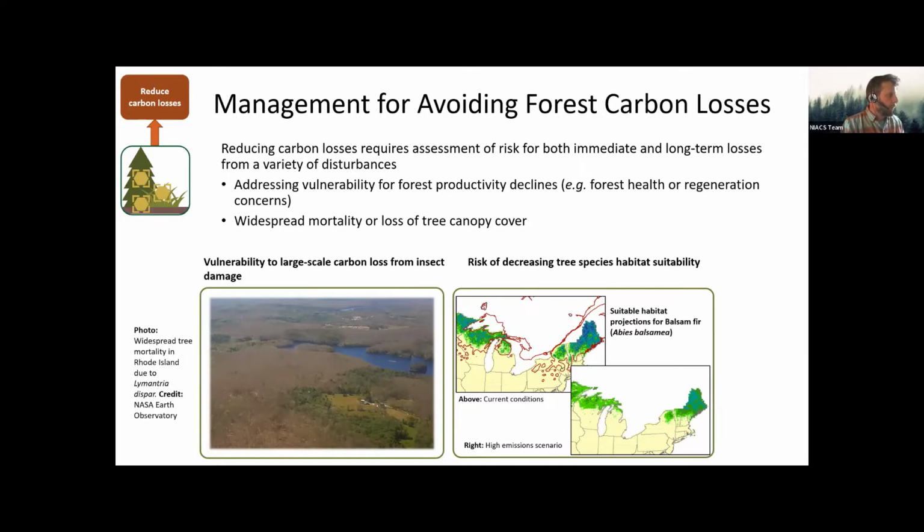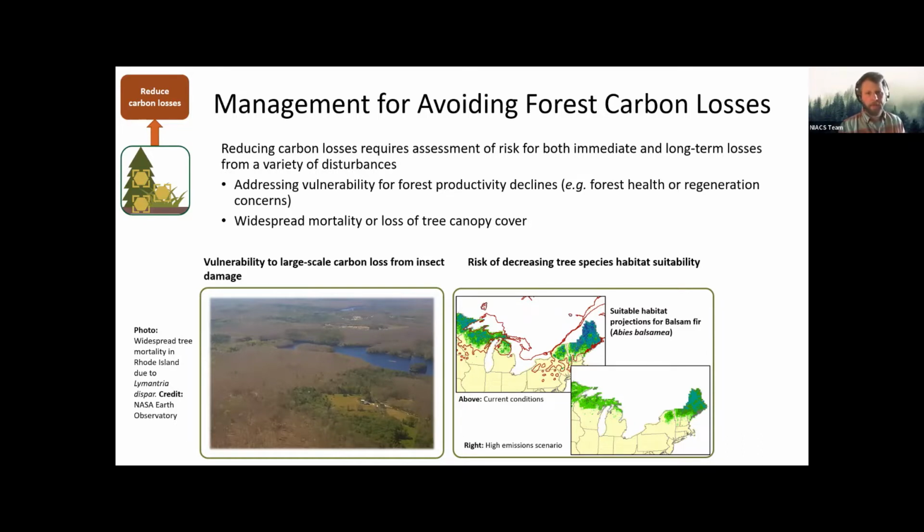The photo on the left shows widespread tree mortality from the spongy moth, or Lymantria dispar. That represents a carbon loss to the system through tree mortality, as those trees, over a long period of time, start to decompose as they blow down, that's a loss of carbon to the system.